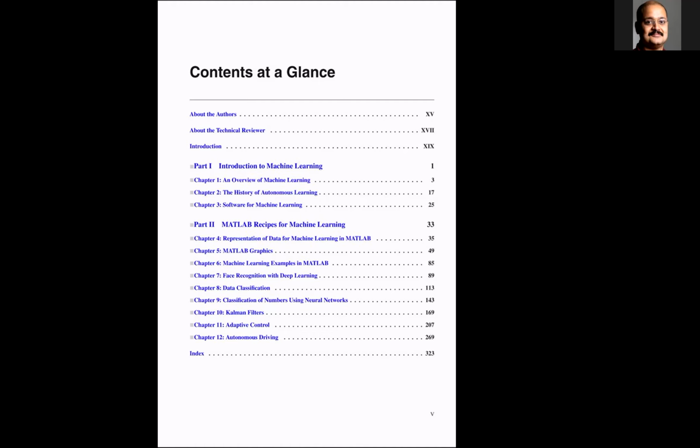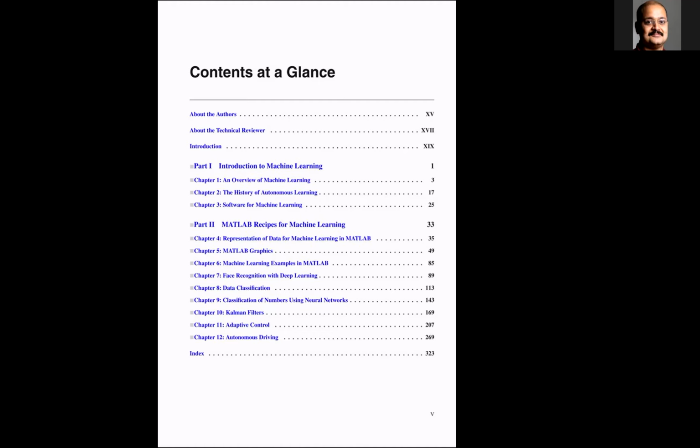I'm going to go through the content for each chapter. The first chapter is just a very brief overview of what machine learning is, and everyone should be familiar with it, because we have seen machine learning a lot of times. We also worked out a lot of codes. Next is data representation in MATLAB, specifically for machine learning, which depends upon the different data types inside MATLAB.